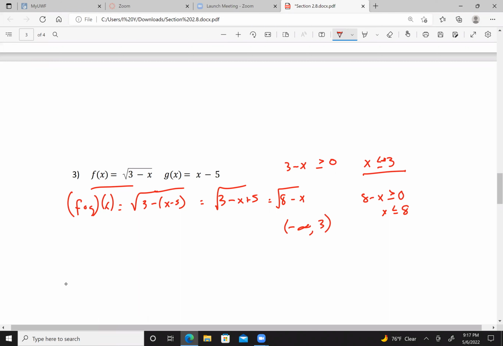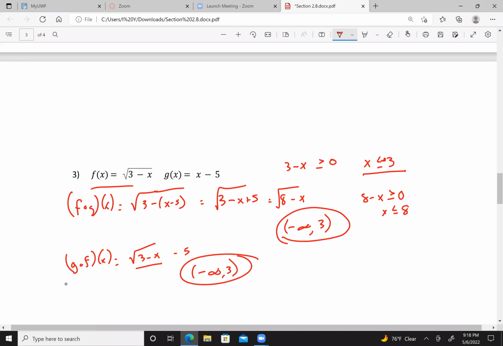Whichever of these two limits the domain the most, that's the one we work with. So now let's look at the composite g of f of x. There we're just going to have the square root of 3 minus x minus 5. And the only restriction on that is the same, so negative infinity to 3. It comes from here.